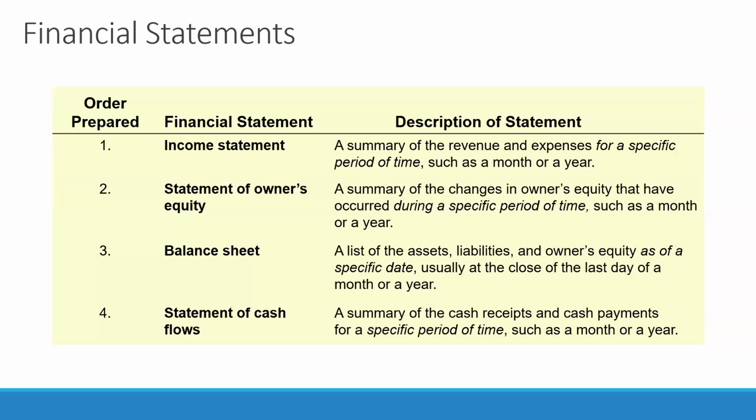So you're going to have the beginning owner's equity, the withdrawals, the investments, and your net income, and then the ending owner's equity.